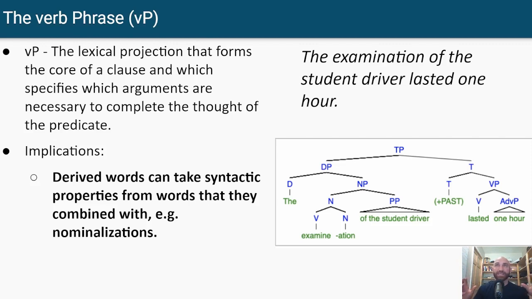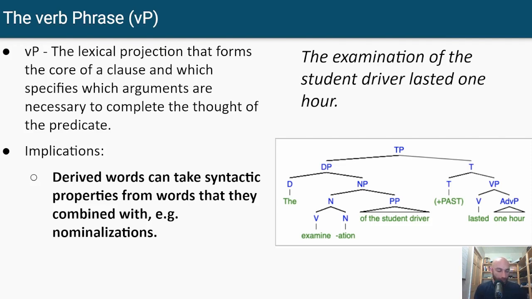It's the same in the sense that the argument with the verb, the student driver, right, is present with the nominalization as well. So the examination of the student driver is the argument that was present with the verb. So the point here is that derived words can take syntactic properties from words that they combined with.